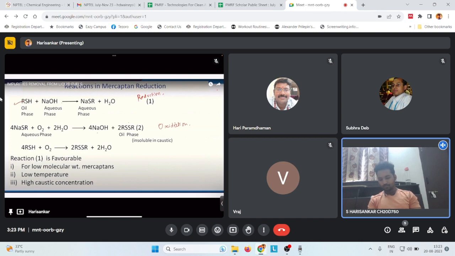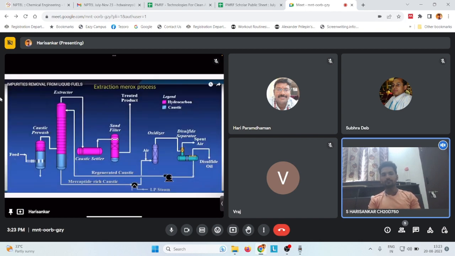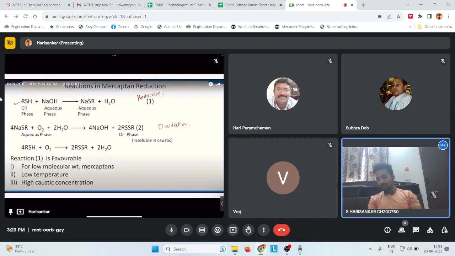Right. So I'll just show you the flow chart of this Merox process so you can understand the process better. So you have the feed oil here. It goes through a caustic pre-wash where the oil is washed with NaOH, and this reaction occurs here: NaOH plus RSH giving sodium mercaptide and water.